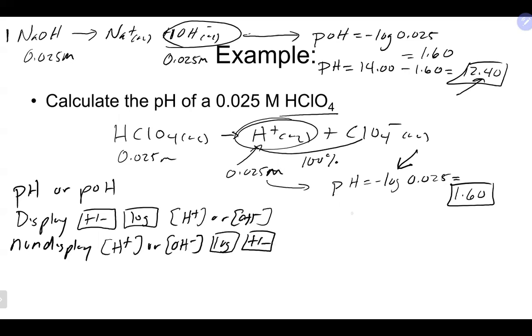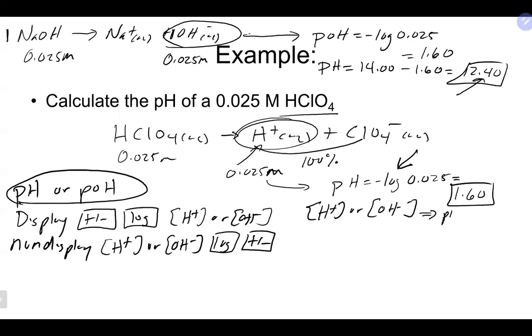Yeah. And that would be how you would calculate either pH or pOH. If you needed to calculate either H plus or OH minus from either the pH or the pOH, you would do, on a display calculator, the second, the log, the negative button, and then the pH or pOH.